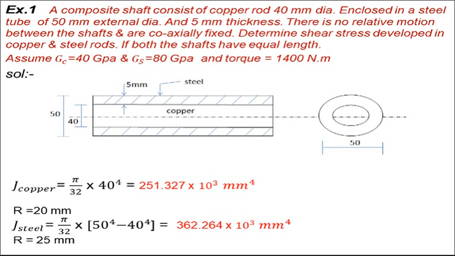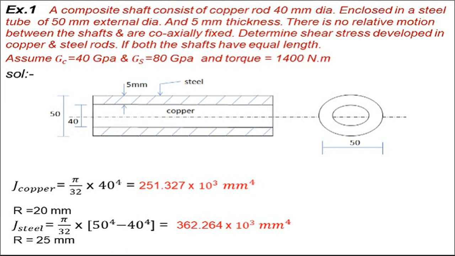Definitely there are two different materials and two different diameters. One material is copper, of 40 mm diameter; that is, the inner shaft is copper of 40 mm diameter, and the outer shaft is a steel tube of 50 mm external diameter.